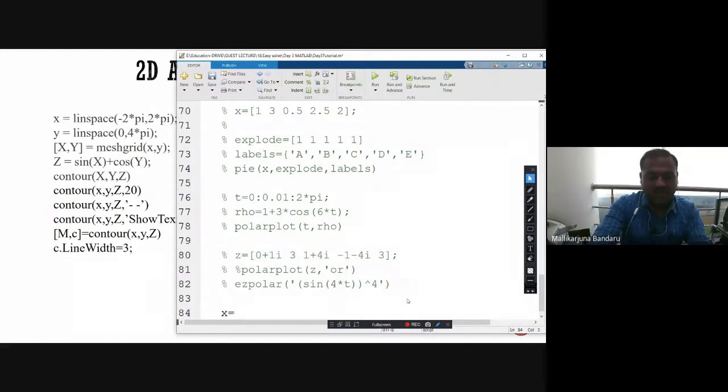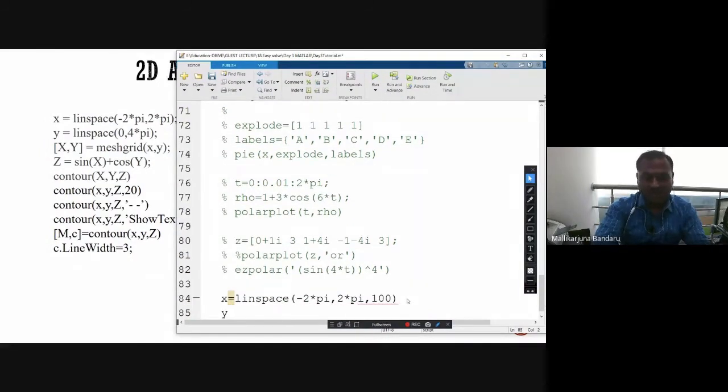X is equal to a linear space from -2 pi to 2 pi. Suppose the points are 100 in between of that, and y is equal to linspace 0 to 2 pi. For this also 100 points.